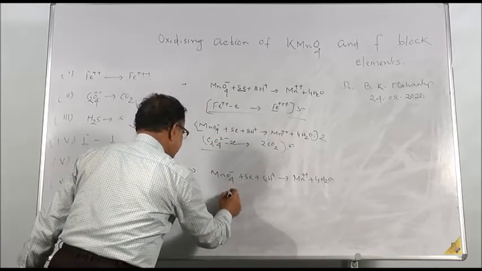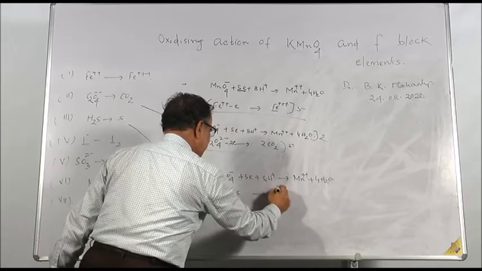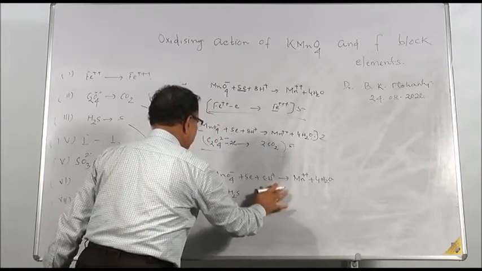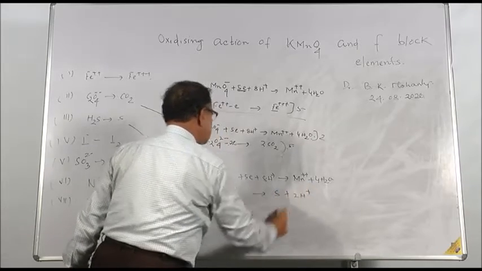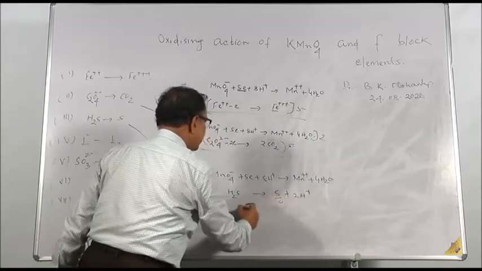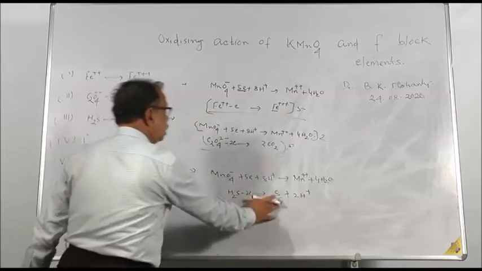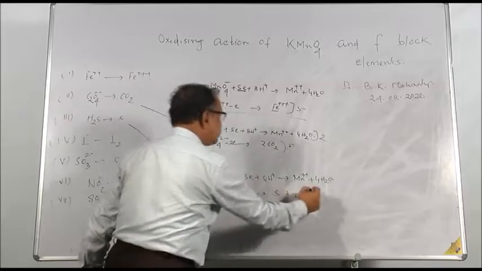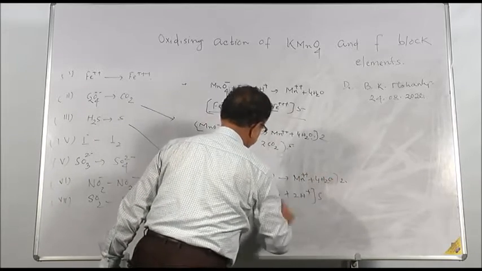H2S we may write ionically: it forms sulfur plus 2H plus. Since the oxidation state of sulfur goes from minus 2 to 0, we take minus 2e. Hence we multiply here by 5 and here by 2. A simple redox reaction like this.